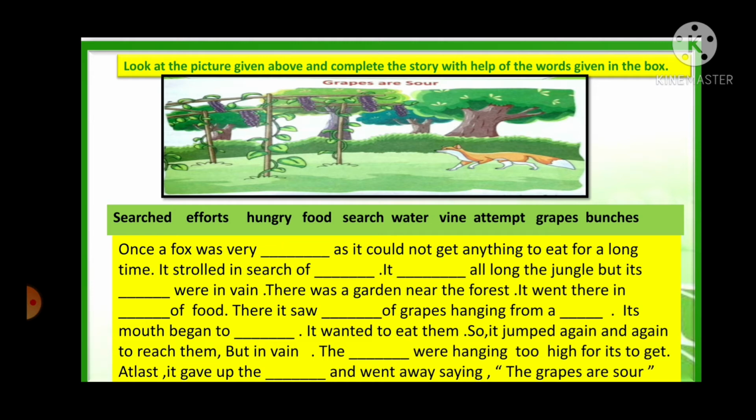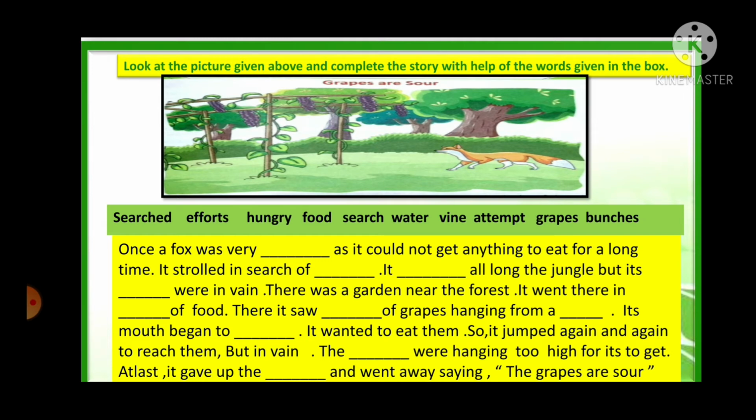Now here let us read the story and try to fill it with the correct words. Once a fox was very dash. As it could not get anything to eat for a long time, it strolled in search of dash. It dashed all along the jungle, but its dash were in vain. There was a garden near the forest. It went there in dash of food.